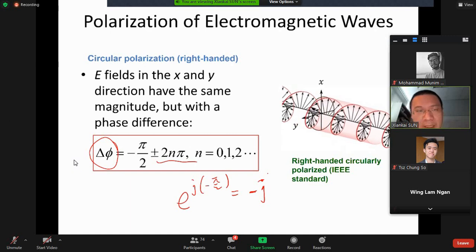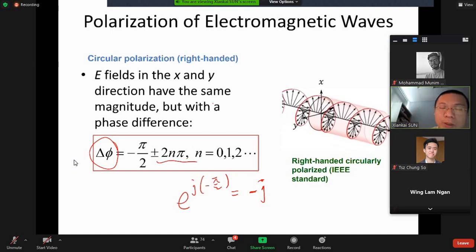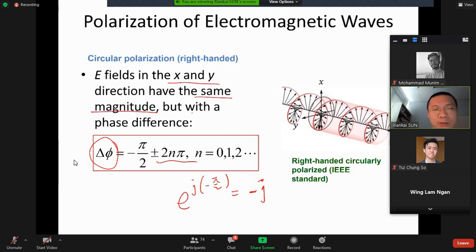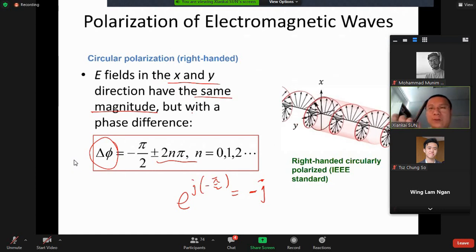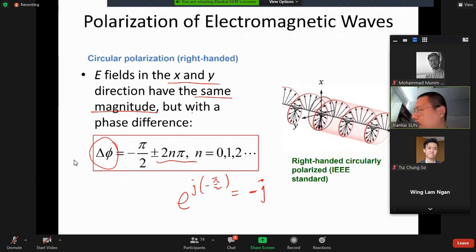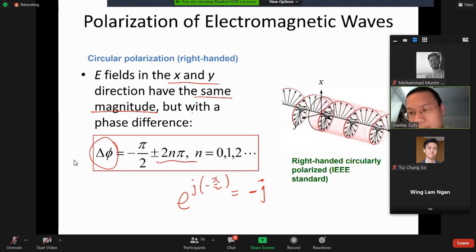As a result, you also need to have the x and y components have the same magnitude. In this case, you're going to find out that the electric field vector rotates as it propagates.